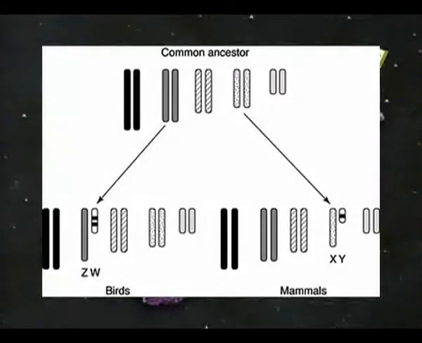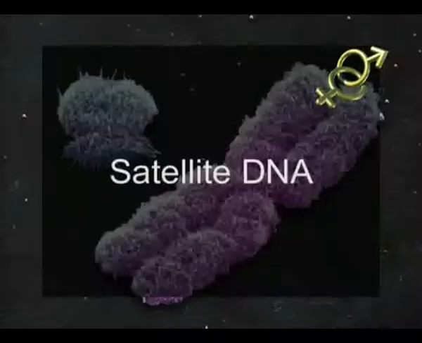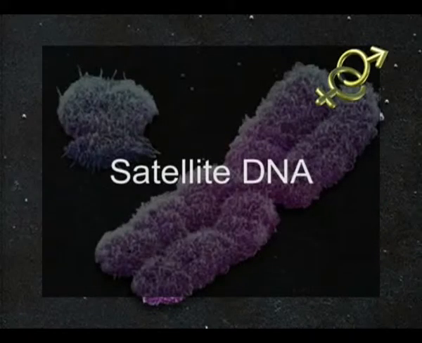The condensation of certain regions of the chromosome probably led to the deterioration of major genes in the Y and W chromosomes, leaving the alleles intact in the X and Z chromosomes. Such an alteration could have resulted from the production of repeated sequences with the generation of satellite DNA.